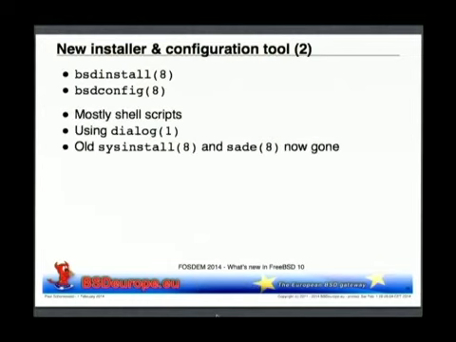It's mostly written as shell scripts, and interaction with the user is done using a little program called dialog. Dialog is just a little tool that gives you an ASCII menu or an input field or a form with input fields. And that's the only part that's not written as a shell script, and everything else is very easy to maintain and extend.